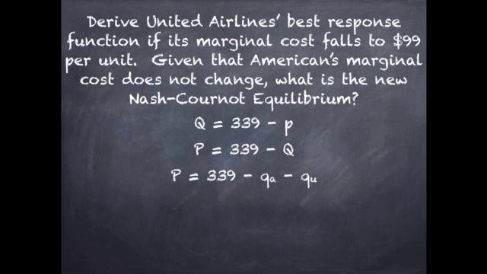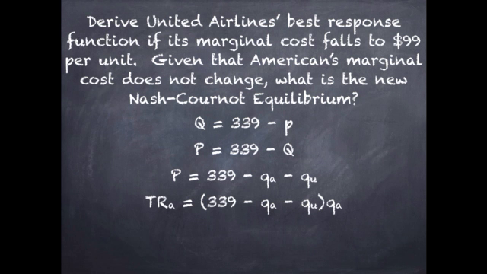So we can rewrite our inverse demand function as 339 minus QA minus QU, where QA is the quantity provided by American and QU is the quantity provided by United. So this gives us our residual demand function.